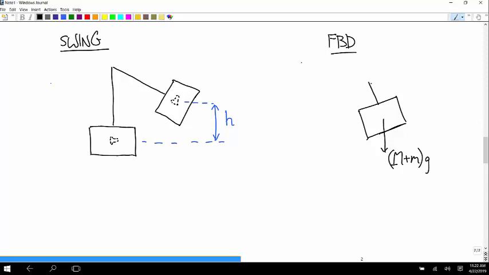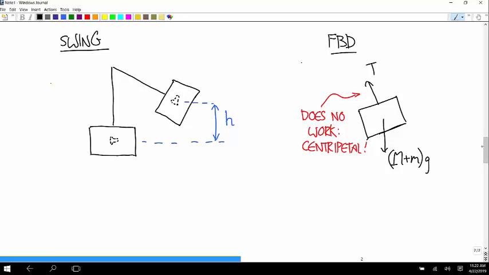And then there's a cable force, T, but this does no work. Right, it's perpendicular to the path at every instant.